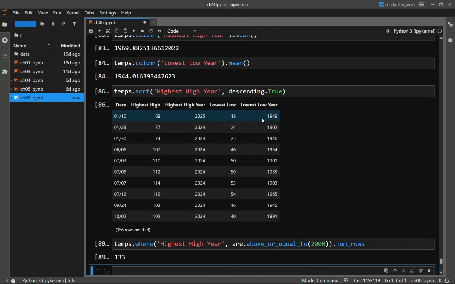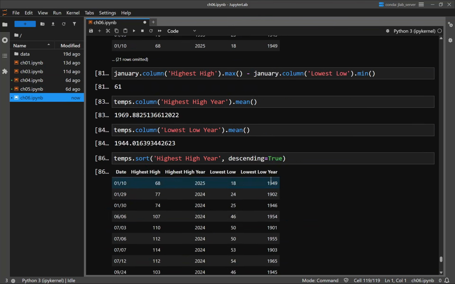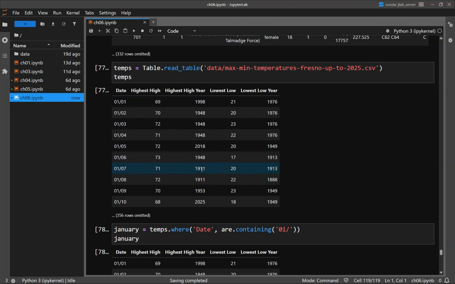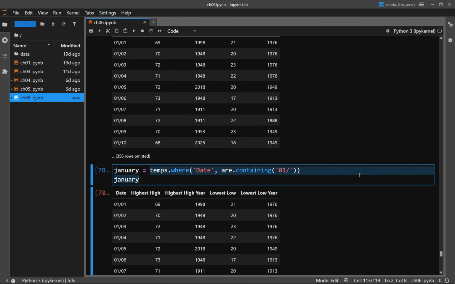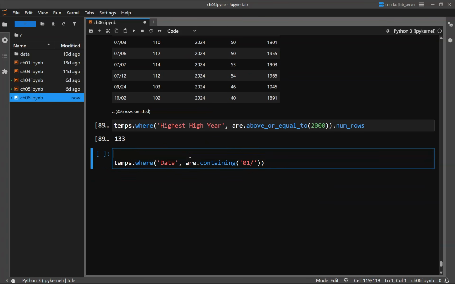Yeah, you can do other cool stuff like we did for January. What was the average lowest low for January? We did stuff like that. So just to spell that out, that was a question that I had. What was the average lowest low for January dates.